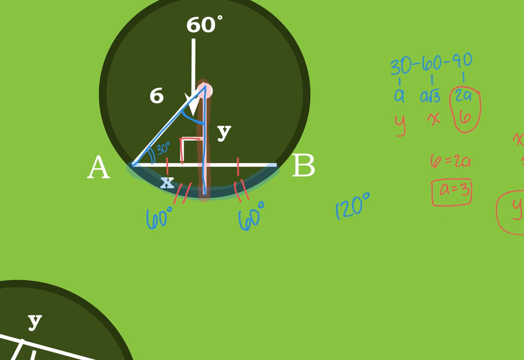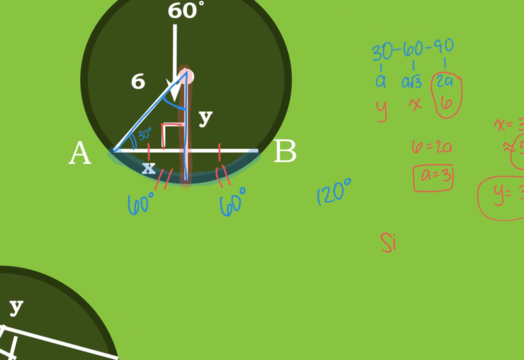We would say the sine of 60 is what? SOHCAHTOA, opposite over hypotenuse, so x over 6. Good. And you would get x is equal to 6 times the sine of 60 degrees.